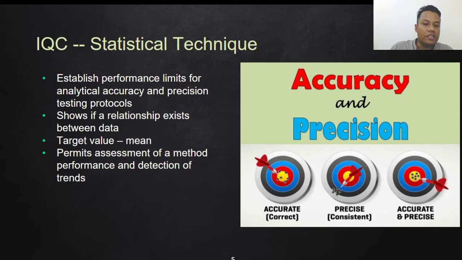This permits assessment of a method's performance and detection of trends. Eventually, this will be used to decide whether to accept or to reject the QC results. We are not talking about the patient result, we are talking about the QC result. That means the thing that needs to be done before we can do the real testing.